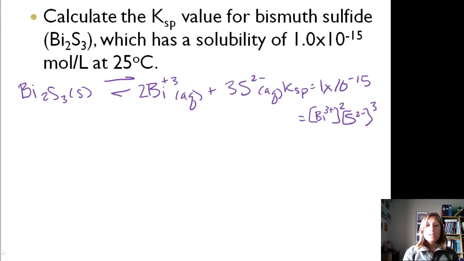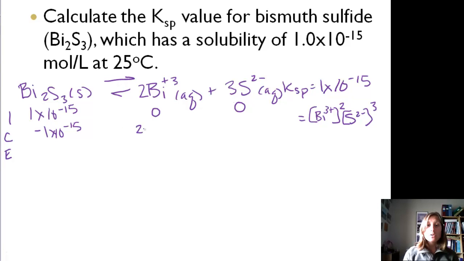So we're going to set up something similar to an ICE table. To me, it seems like the easiest way to do it. We know that initially we have a solubility of 1 times 10 to the negative 15, and that before it dissolves in water we have nothing of the ions present. This is going to completely dissociate, so we're going to subtract 1 times 10 to the negative 15.